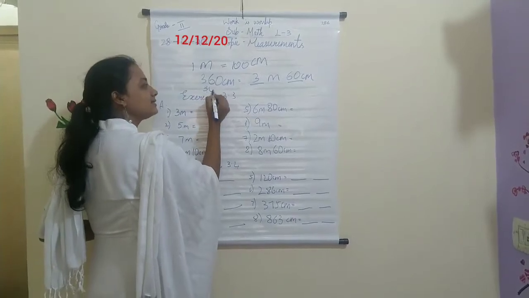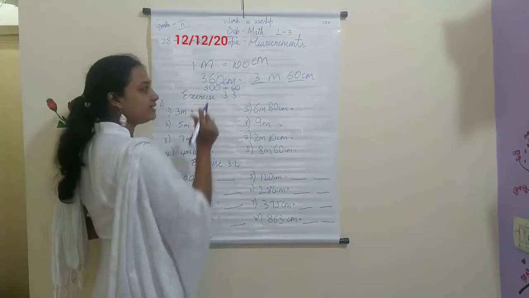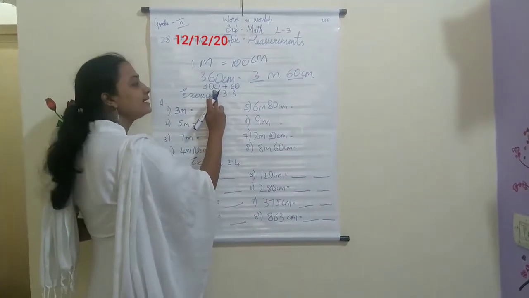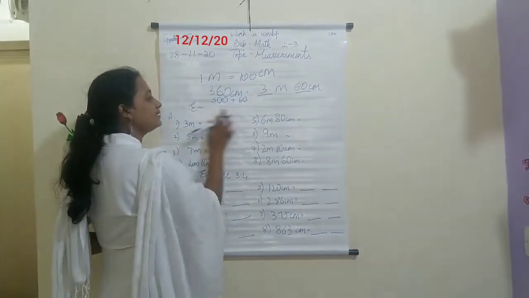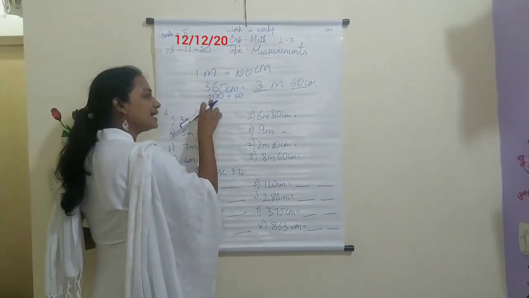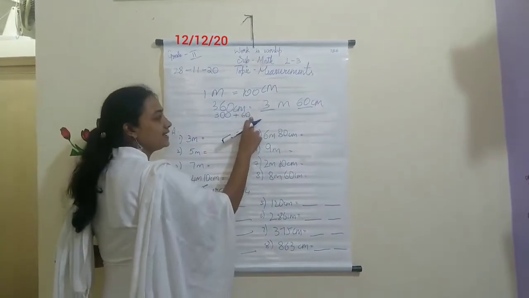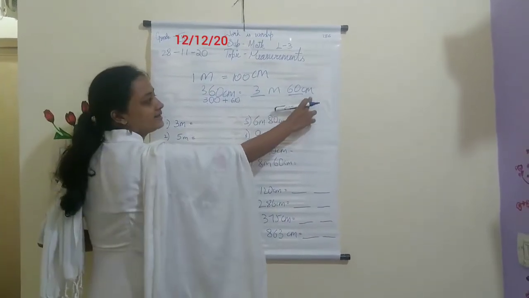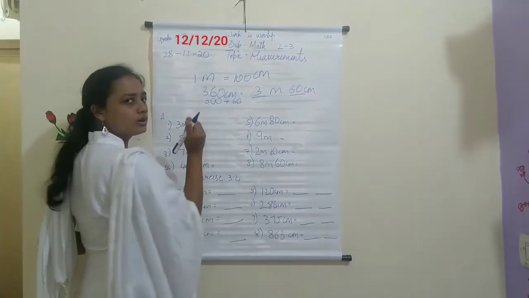If I split 360, I can write it as 300 plus 60, right children? So this 300 centimeters will be 3 meters. And this 60 centimeters will be 60 only. So I write 60 centimeters. Did you understand this? Let me give you one more example.